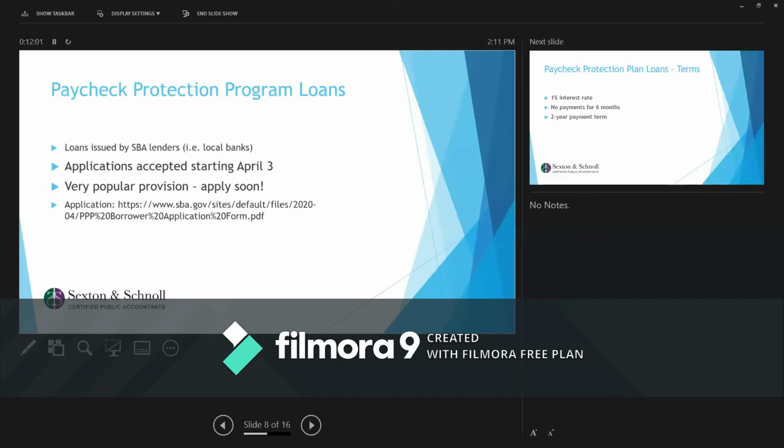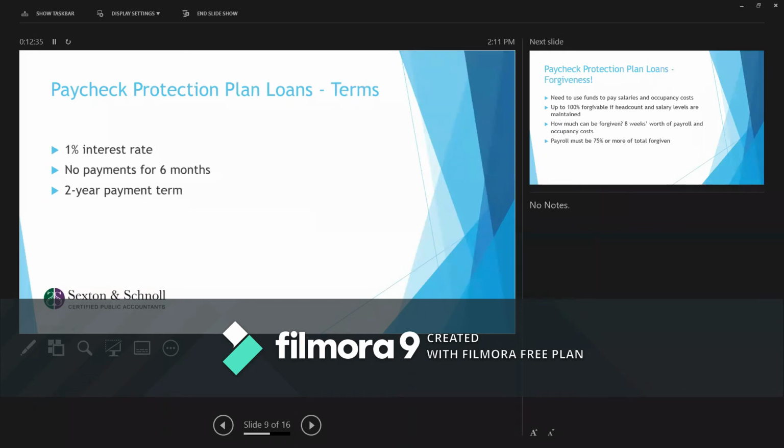We recommend you apply soon, and a copy of the loan application is there on the slide, or the website where the application is located. Understand you're dealing with your bank though. So each bank will have its own forms. They should largely conform to this form that's put out by the SBA.